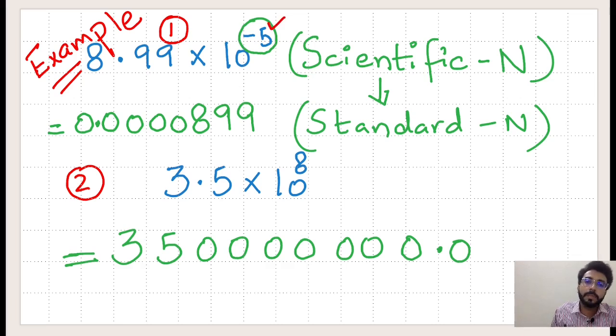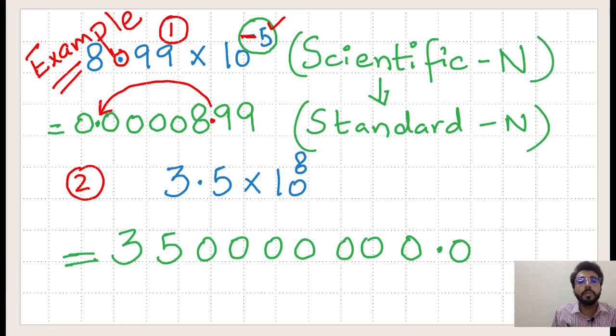Power is negative, so we have to move this decimal point from right to left. The decimal point moves 5 digits from right to left. If the decimal point is here, it will move 5 digits from right to left.